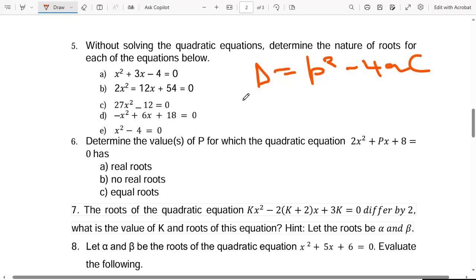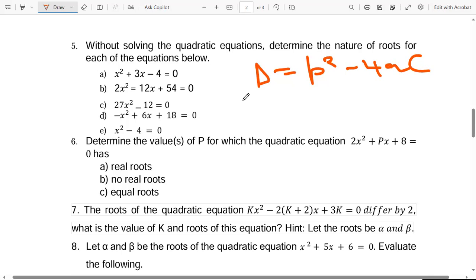Depending on the value of the discriminant, it will tell you the nature of the roots for the quadratic equation, okay? So if the discriminant is less than 0, then we conclude that there are no real roots for that equation, just like the one we were solving.